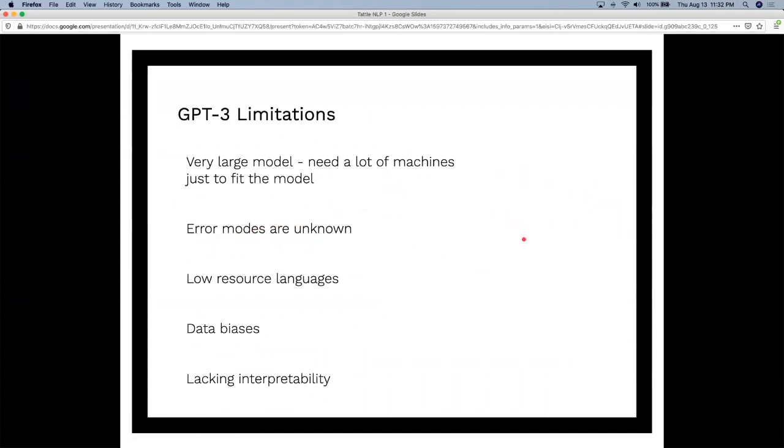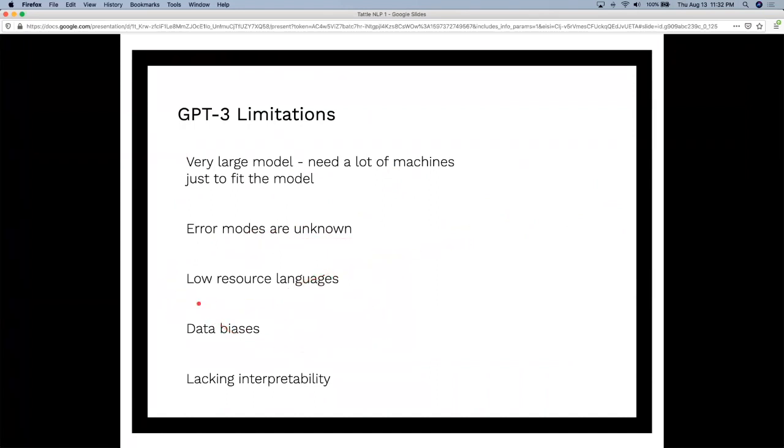You could have probably imagined that, because of the kind of data that it's trained on, but there is no way to prevent such a thing unless you have enumerated all the cases. And if you can do that, then why not just use that technology as your language model, and why use this, right? So the error modes are unknown, so that prevents a lot of applications.